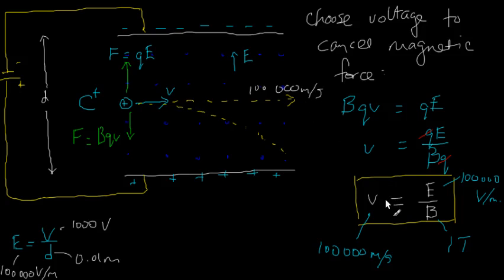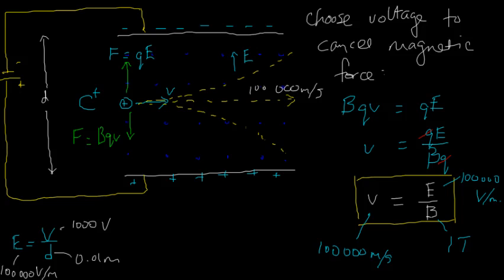Now what this means is that if you look at the relation between the magnetic force and the electric force, the electric force does not depend on the velocity. Only the magnetic force depends on the velocity. So if the particle has a smaller velocity, the magnetic force is smaller. If the magnetic force is smaller, the electric force will pull it that way. So the particle would go this way if the velocity is smaller.